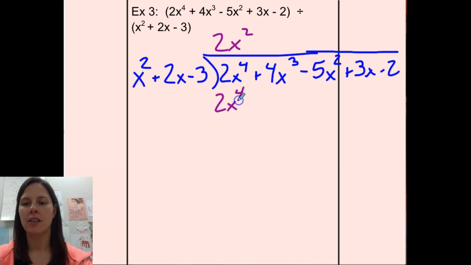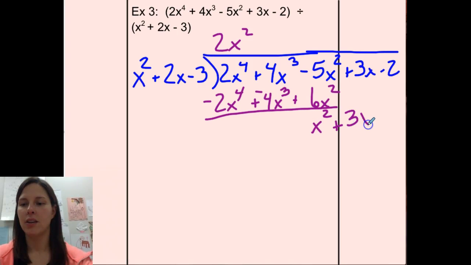Multiplying that 2x squared by everything on the outside. Distribute your subtraction. Add your like terms. Bring down. In this case, because our x cubes canceled as well, we need to bring down 2 terms so that we have 3 terms to match the 3 terms on the outside of the division bar.